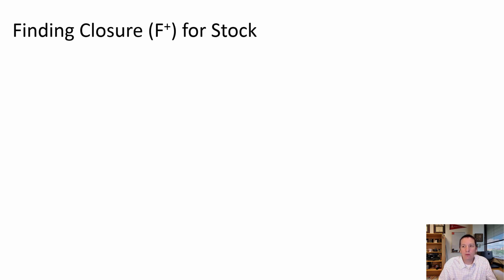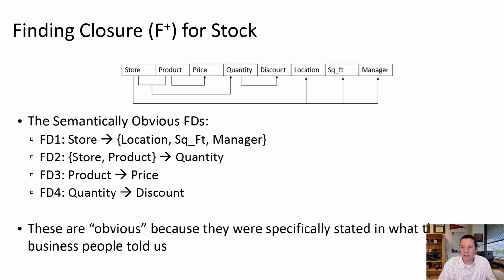So now going back to our stock example, where we had these 4 semantically obvious functional dependencies: store functionally determines location, square footage, and manager; store and product together functionally determine quantity; product determines price; and quantity determines discount. These are our obvious functional dependencies because this is what was stated in the business case.